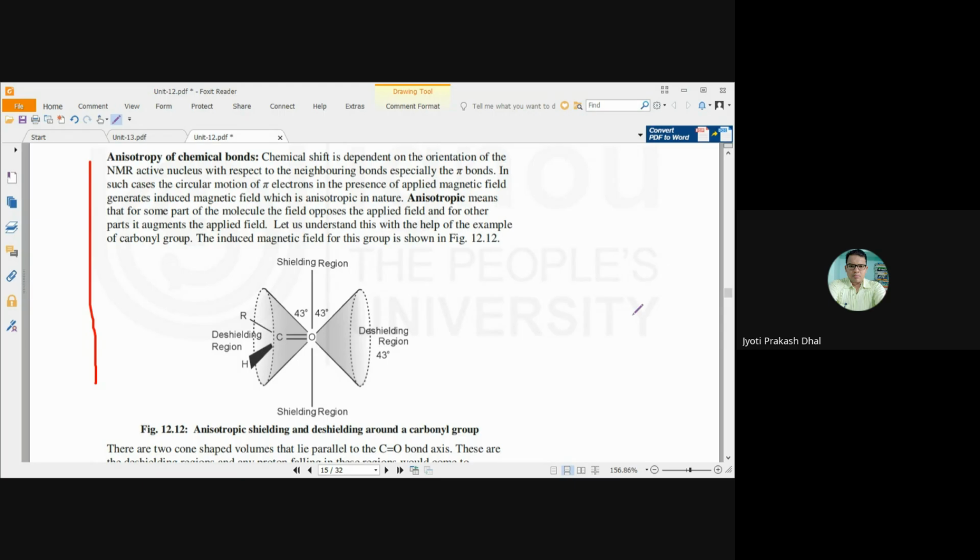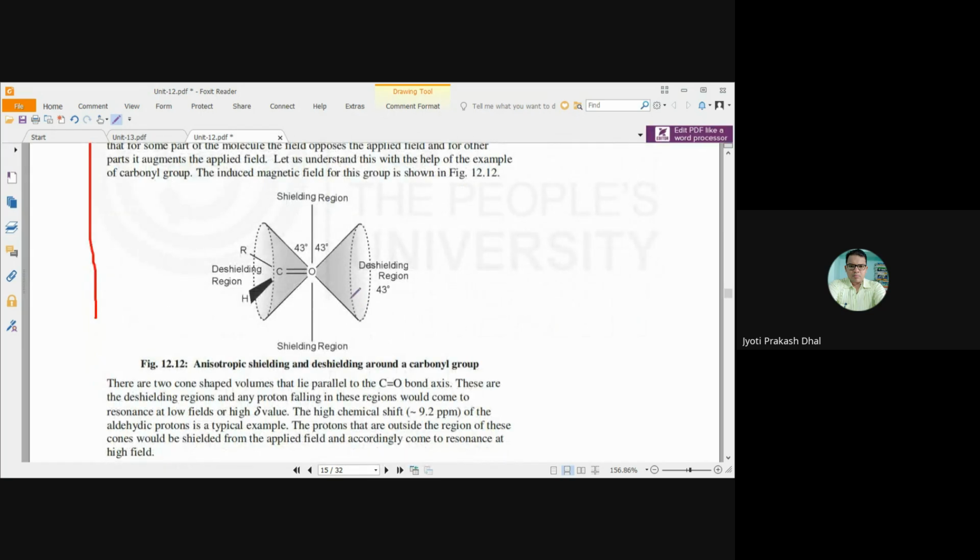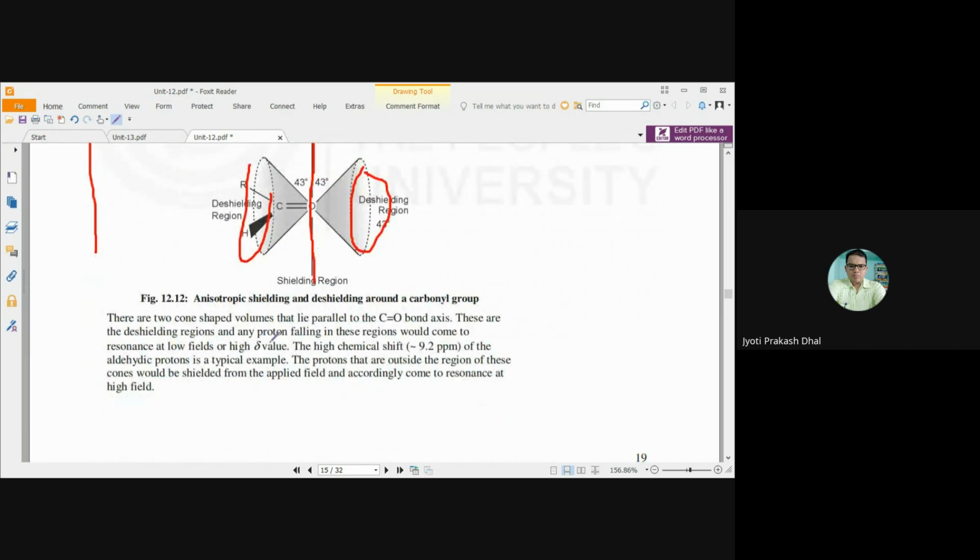So let us understand this situation by taking one example of a carbonyl group. In the carbonyl group, due to the presence of pi electrons, this is the shielding region and these are the deshielding regions. There are two cone-shaped volumes, parallel to the C double bond axis.